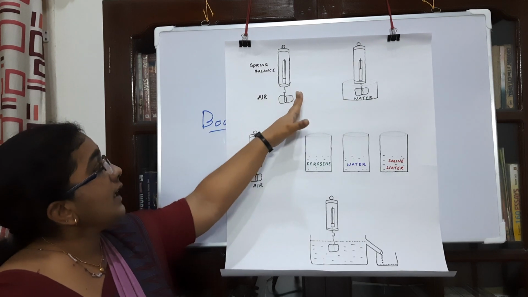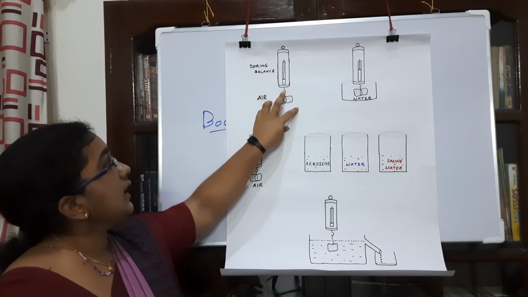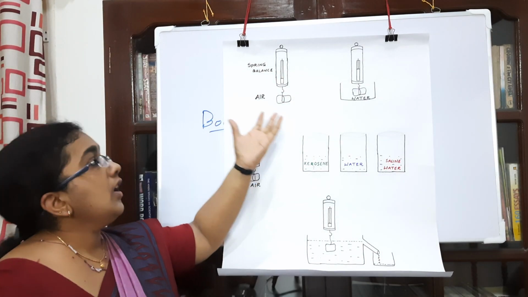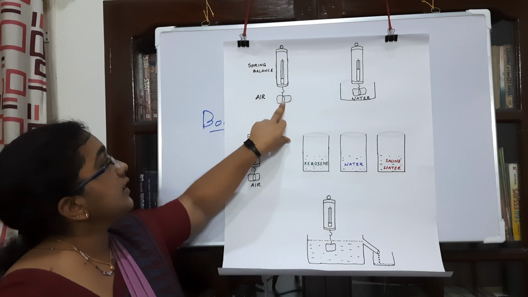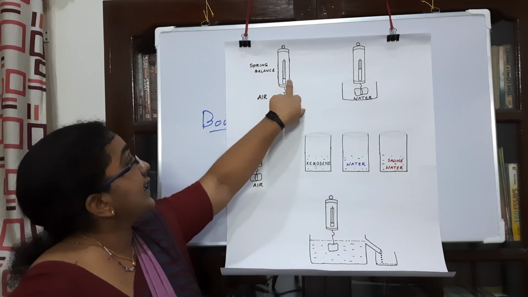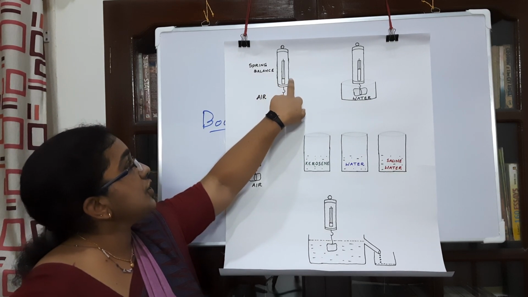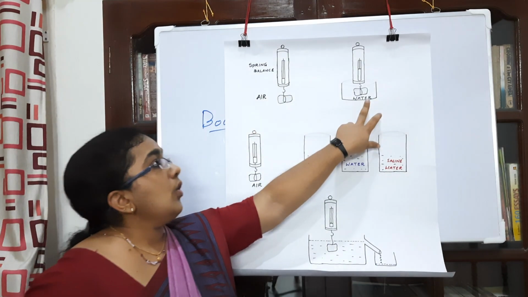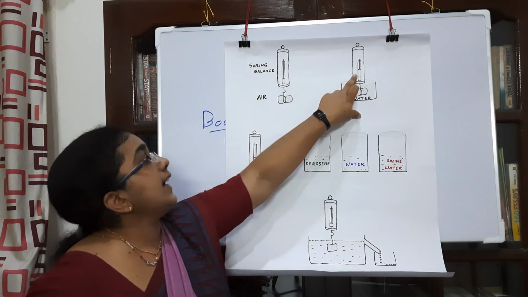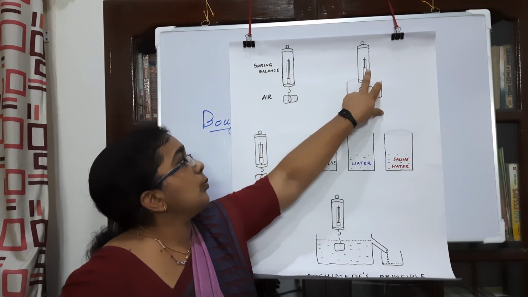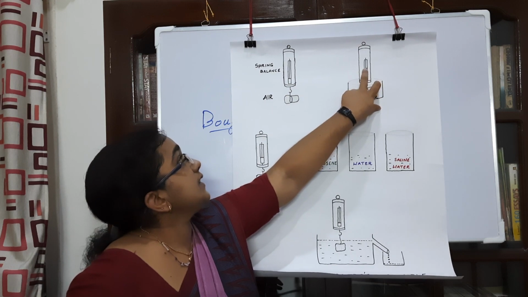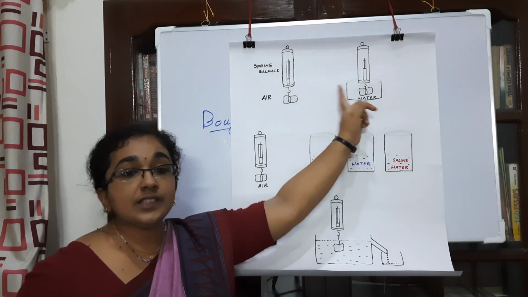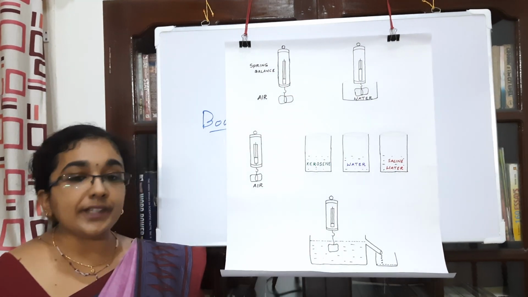Before immersing the stone into the water, that is initially, when measuring the weight, you will get the measurement at this range, and after immersing the stone in the water, you will get the measurement at this level. That means the weight has decreased, reduced.